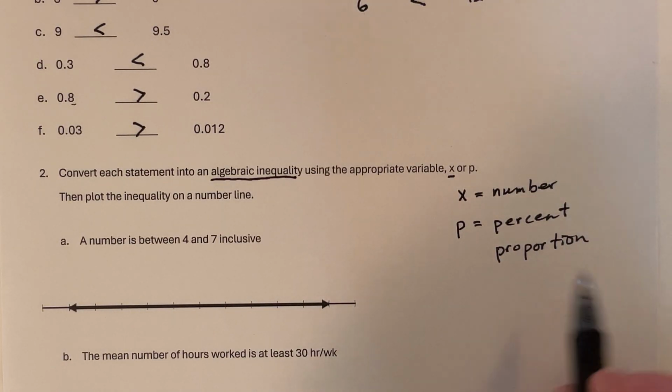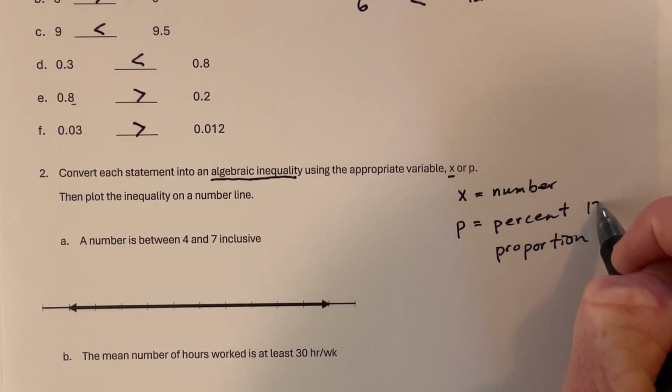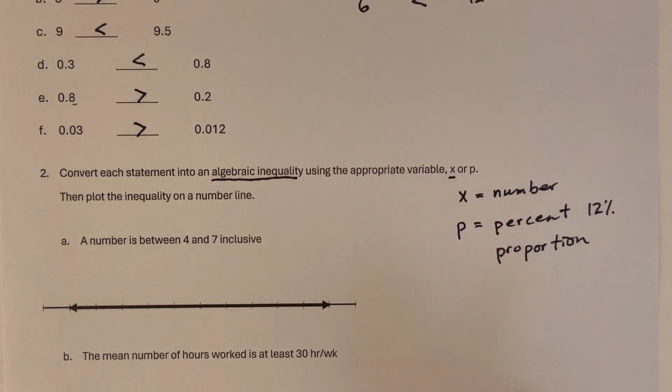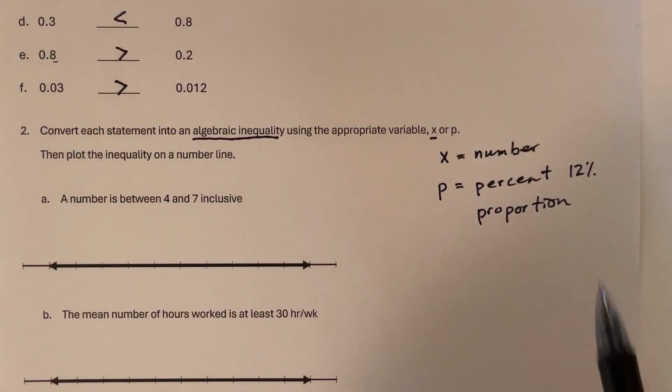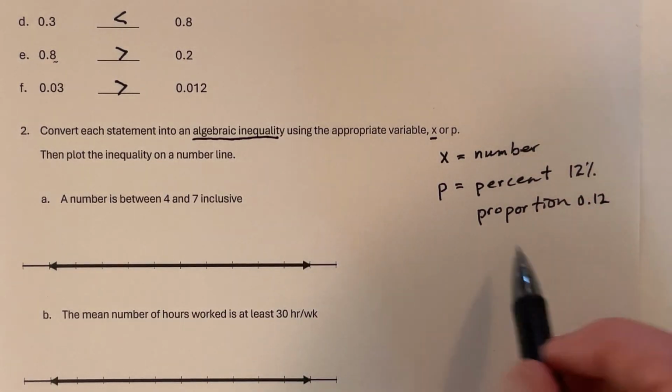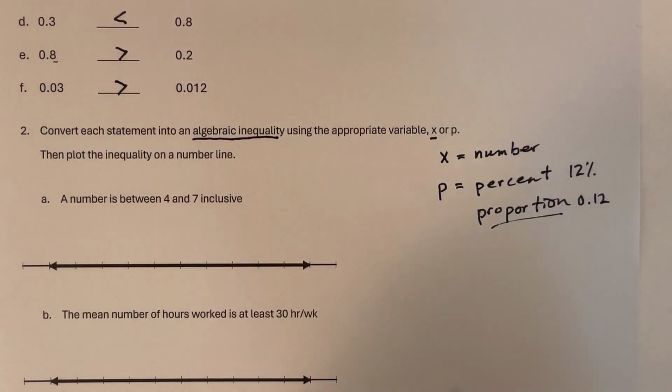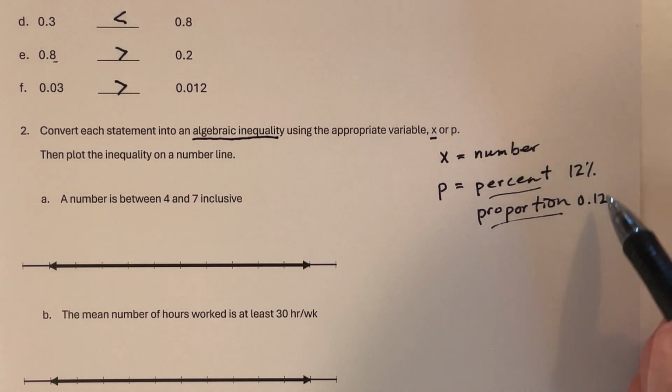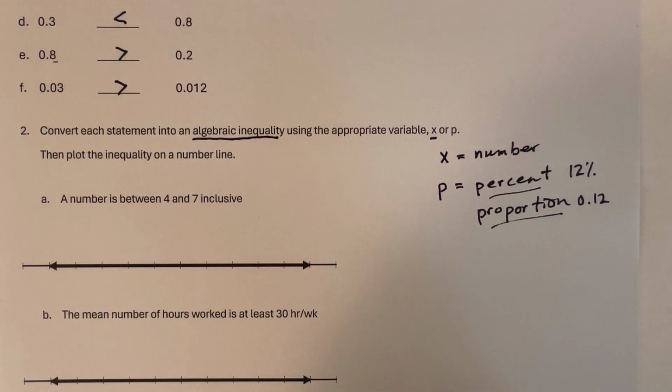So the difference between these two words is percent would be something like 12%. And then if you change this to the decimal form, that would be 0.12. And then the 0.12 would be the proportion, the 12% would be the percent. So two different ways to represent the same information.